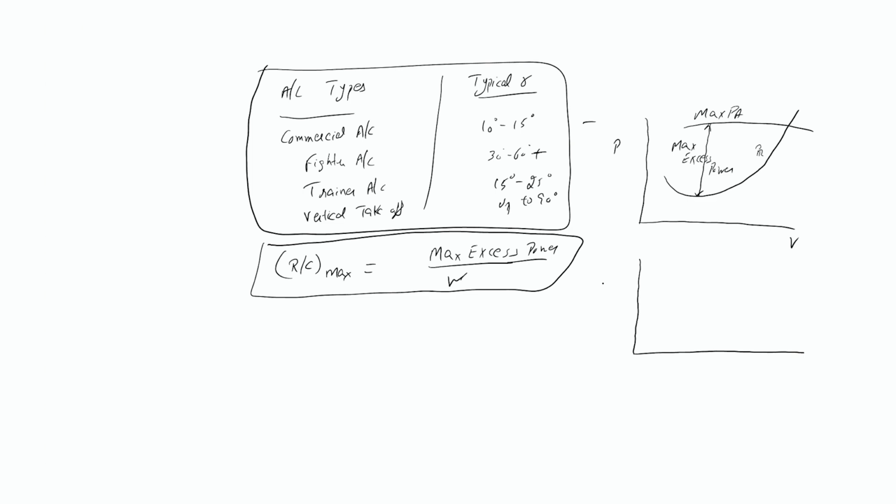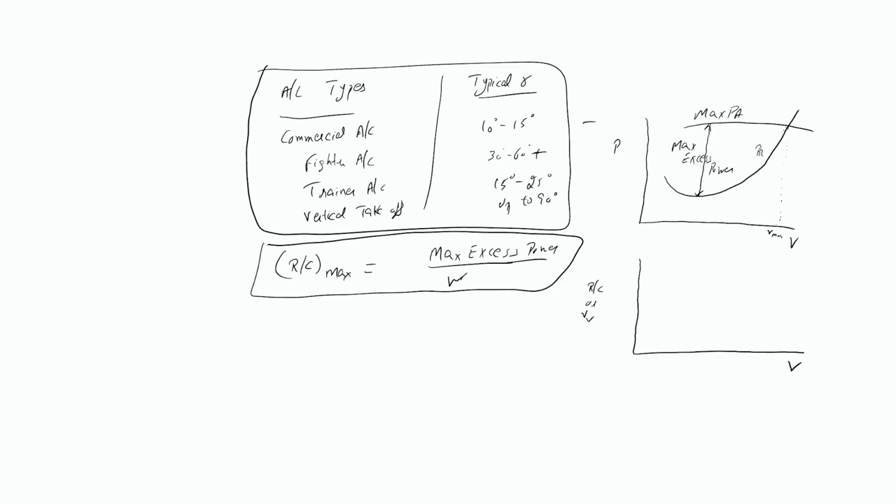Now let me plot another curve. In the y-axis we will have rate of climb, or the vertical velocity, and here we have the same velocity. Now this was the point at which, at maximum velocity, power available equals power required.